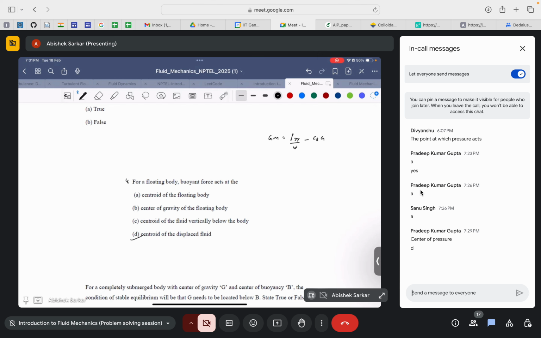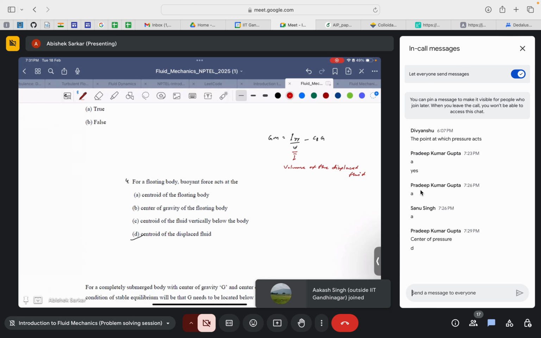So this V is actually the volume of the displaced fluid. And this expression or this derivation in one way or another takes into account the shift of the center of buoyancy of the submerged body, or the partially submerged body, in this analysis.